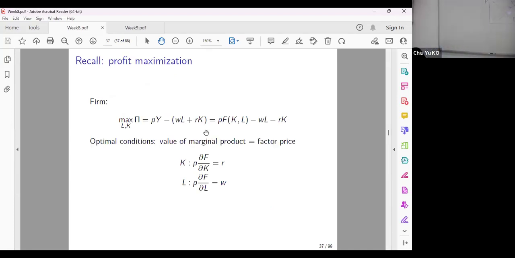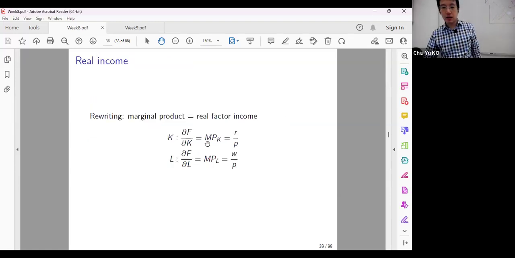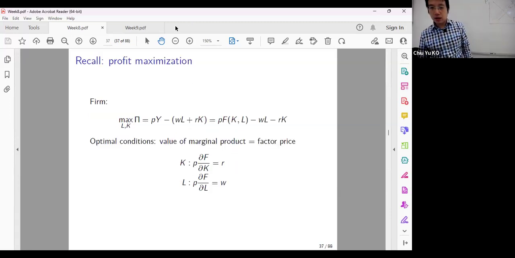Just imagine you change the labor or capital. How much do you want to hire? Let's think about this in the cost and benefit sense. Maybe I use this equation, and I will explain it without going into math. Maybe I use labor. Why is this equation here? If you hire one more labor, what do you do? Pay the wage rate.